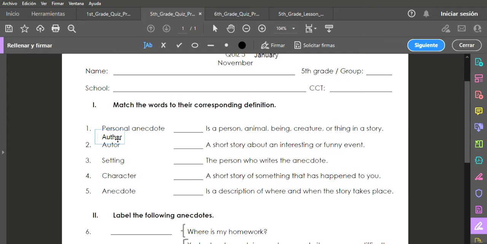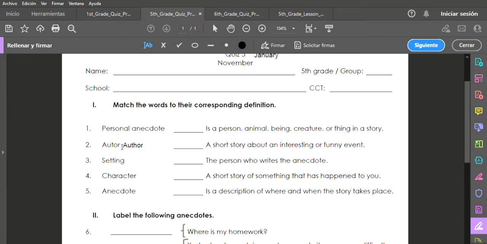Okay, author. Then we have setting. Then we have character. And number 5 says anecdote. Okay. So, first one, personal anecdote.